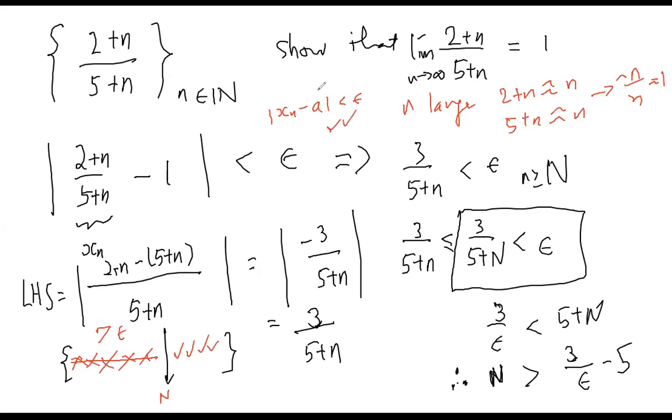Their distance from A is within epsilon, then you are done already, right? Your n may actually start from here, and starting from here, these are all fulfilling this inequality. But you do not have to always start here.